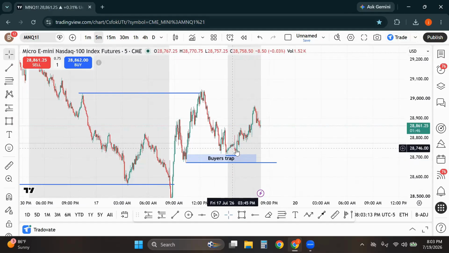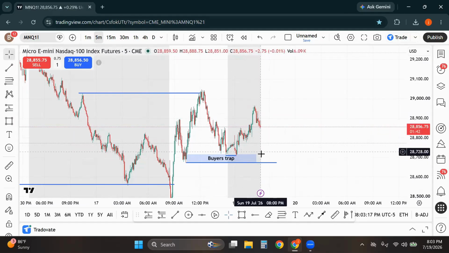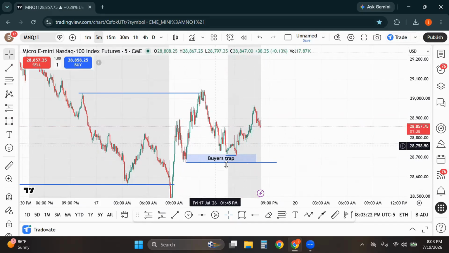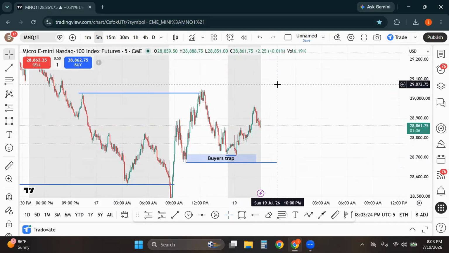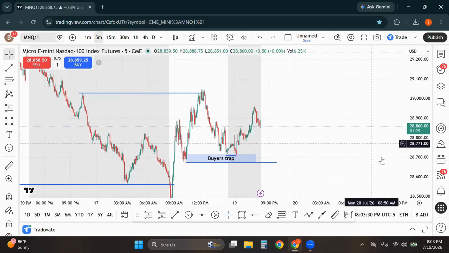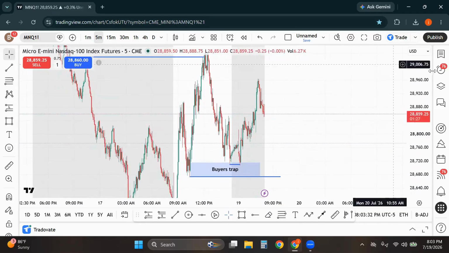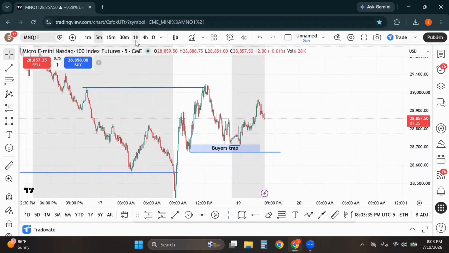But again, I'm no fortune teller, so this could also find its way possibly back down here to actually trap the rest of these buyers to make its full and continued move to the upside. So this is why I am a scalper. I'm a short-term day trader. I like to find my immediate bias.